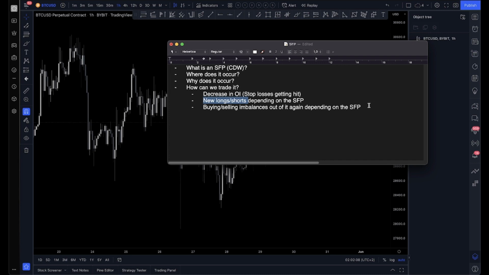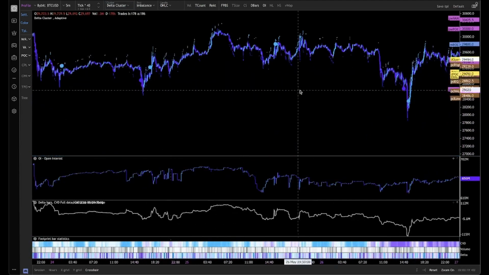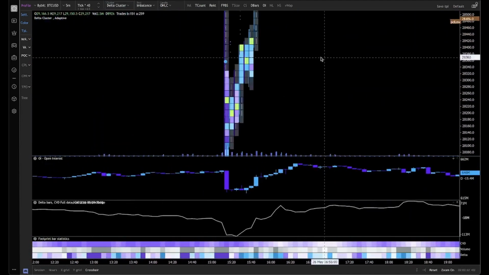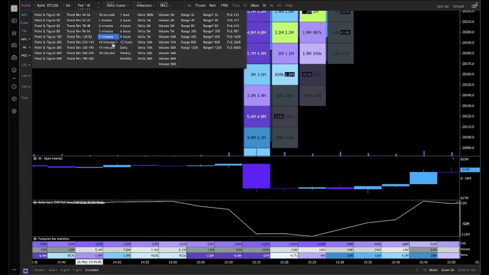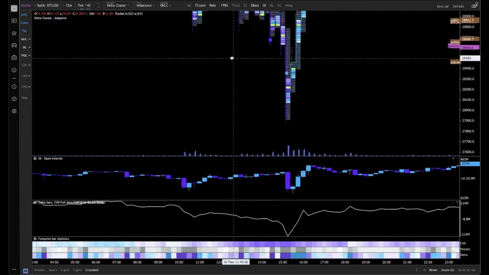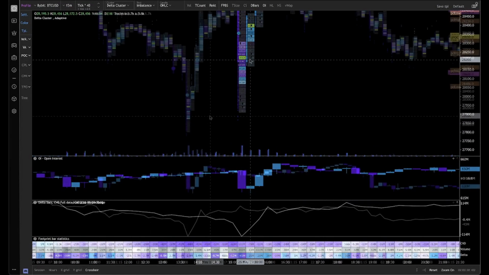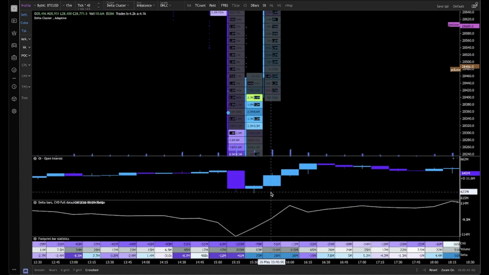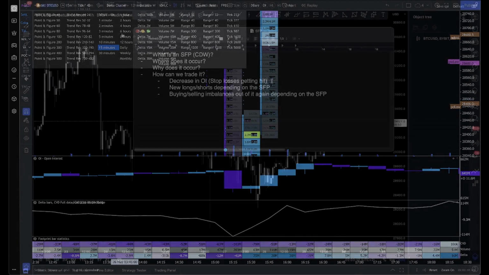Some other things are that you would want obviously a lot of volume at these lows or highs where SFPs happen. For example, on this low that happened, you can see the volume was 162 million on the 5 minute, and then if you go on the 15 minute, it's 203 million, and then you can see all of the increases of open interest out of it with the buying imbalances.